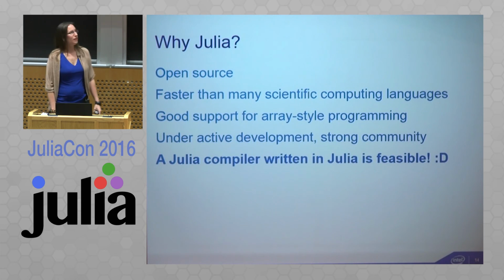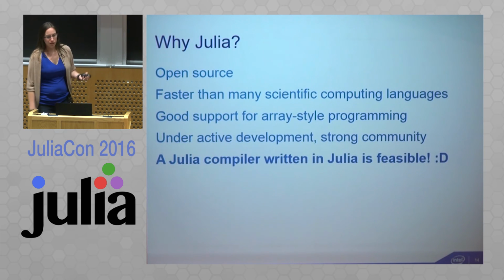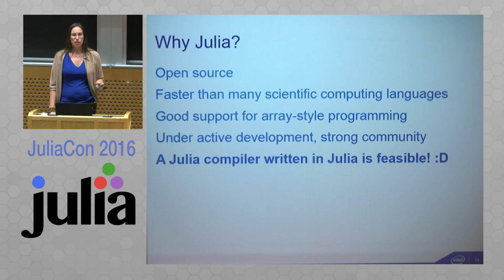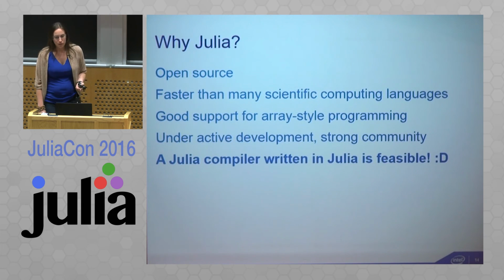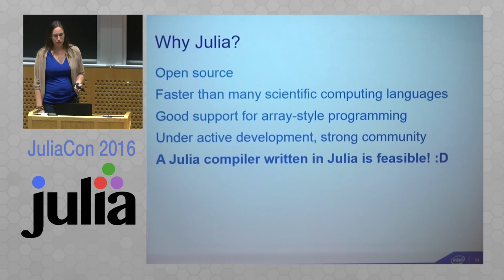And finally, there's one last reason, and this is also something that my Intel colleagues here have touched on in their talks. This is really something that's near and dear to my heart, I guess just because I'm a sucker for self-hosting compilers. Unlike with some other scientific computing languages, writing a compiler for Julia in Julia is not out of the question. And why is that? Well, for one thing, Julia has decent facilities for programming in the large.